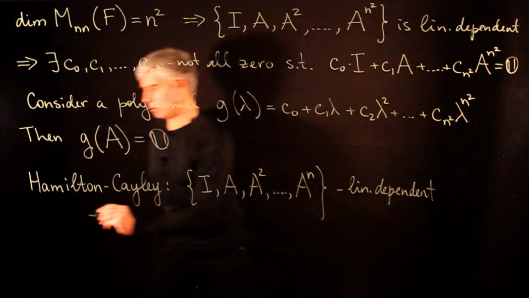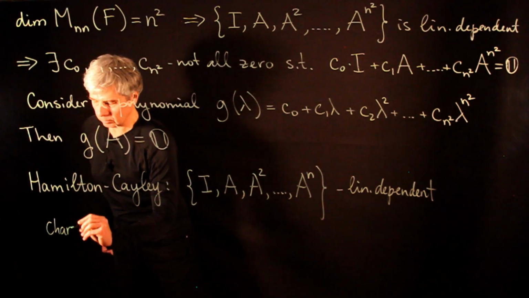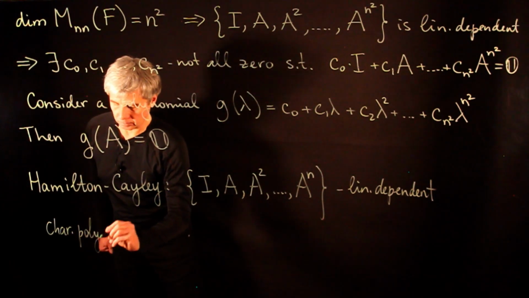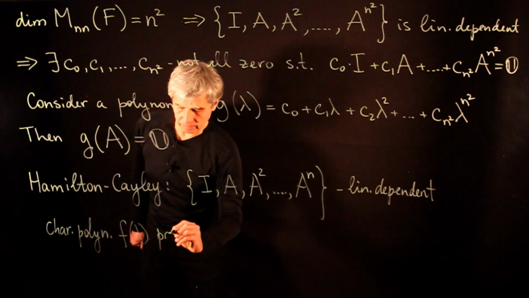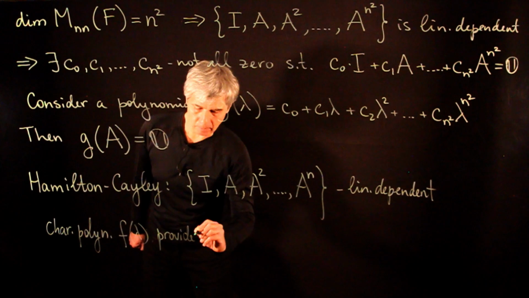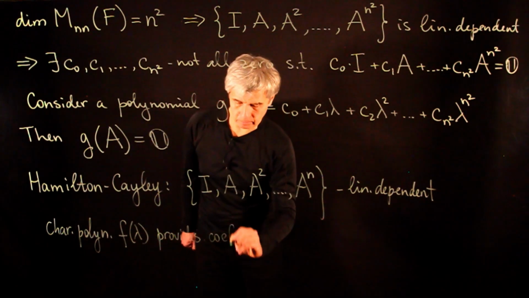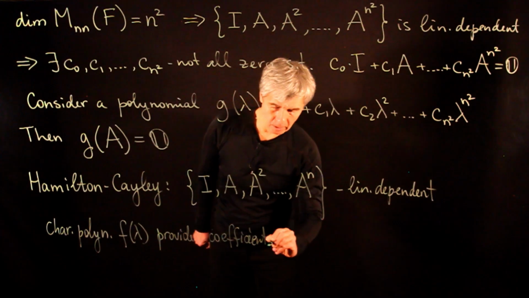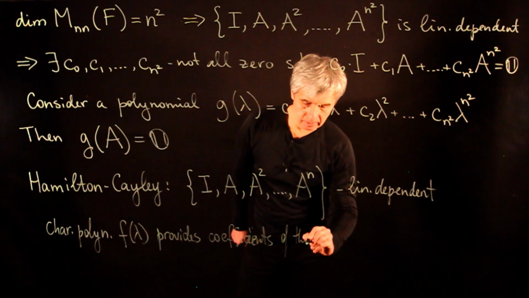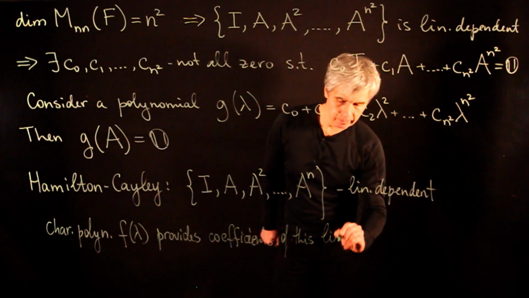And the characteristic polynomial f of lambda provides coefficients of this linear dependency.